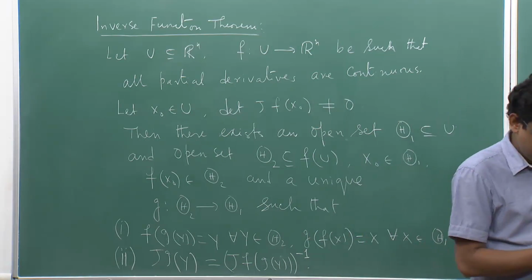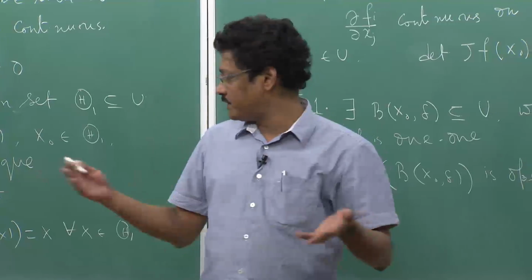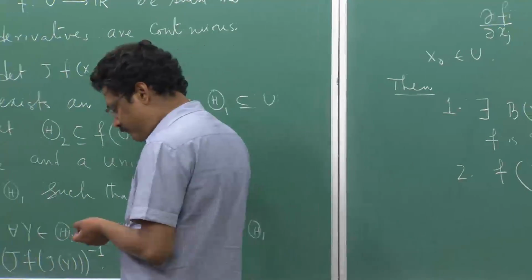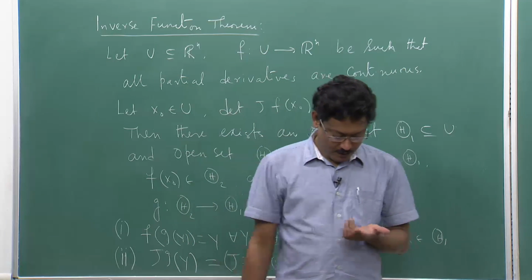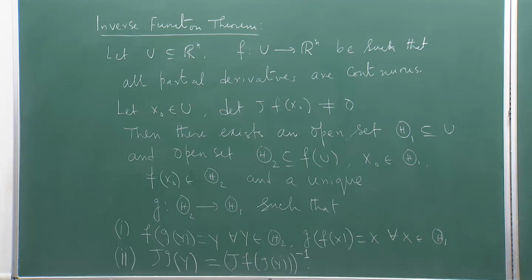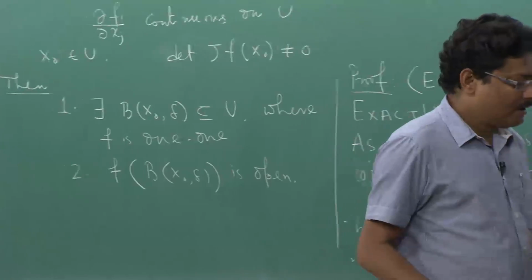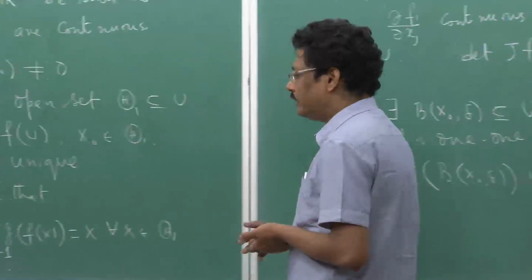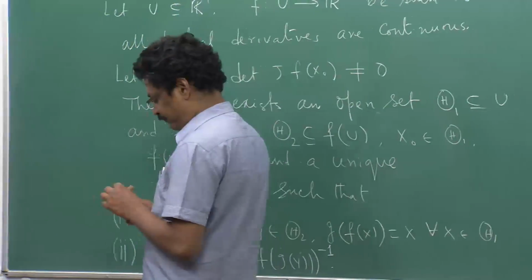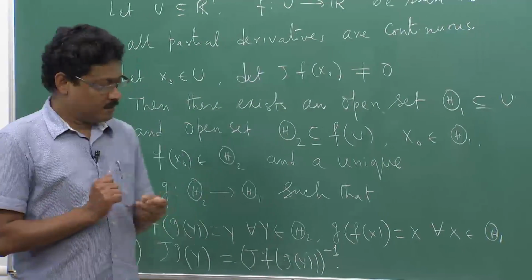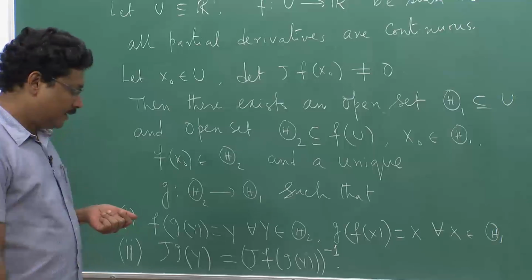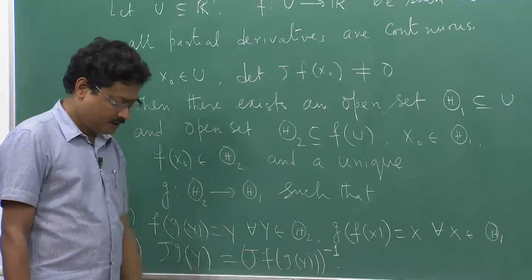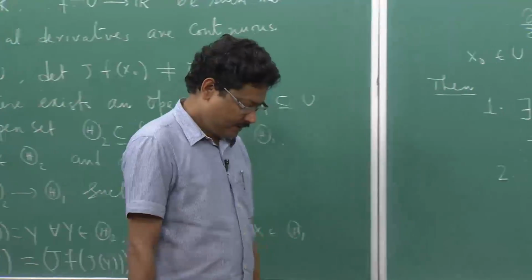Given an expression for f, you may not be able to write down the expression for g. So, it is only an existence theorem, but with the knowledge of existence, we can do a lot of things when you go ahead, particularly when you do geometry. This existence of inverse function and implicit function is a great help.